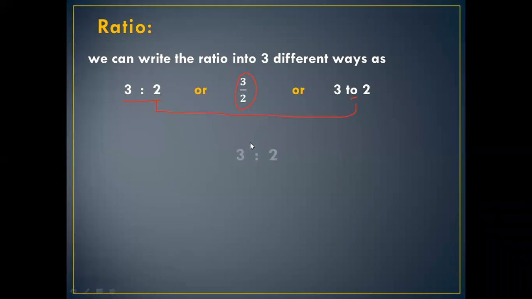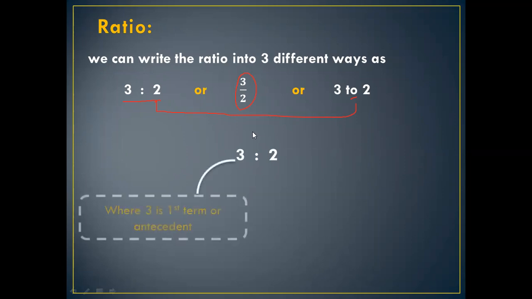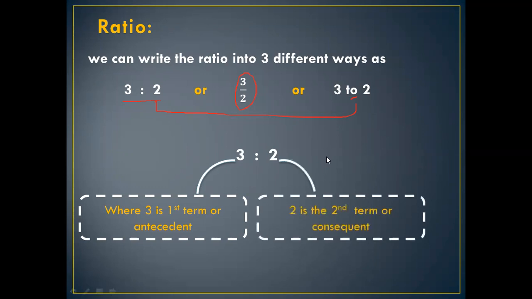Let us understand what 3 to 2 is. First, we have a 3. What is the 3? It's the first term, or we call it the antecedent. Okay. What about the second? We have a 2. It's called the consequent, or second term.